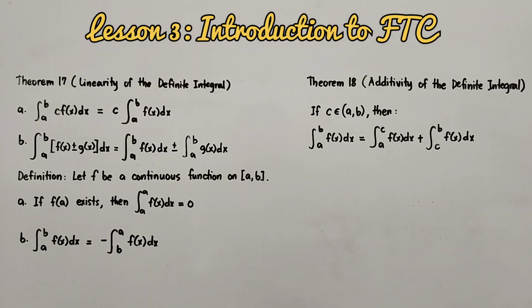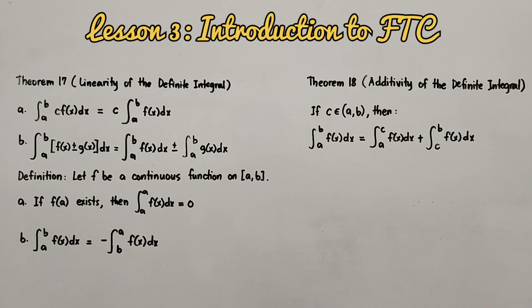Here are the different properties of the definite integral. Take note of some minor typographical errors found in the module. For Theorem 17, the linearity of the definite integral, let f and g be continuous functions on [a, b], and let c be an element of the real numbers.